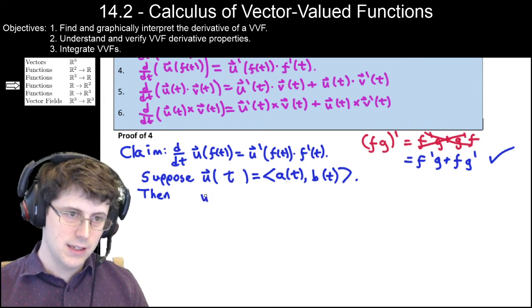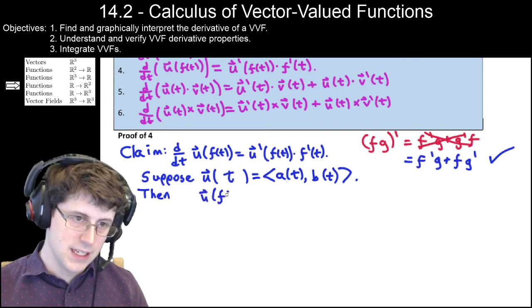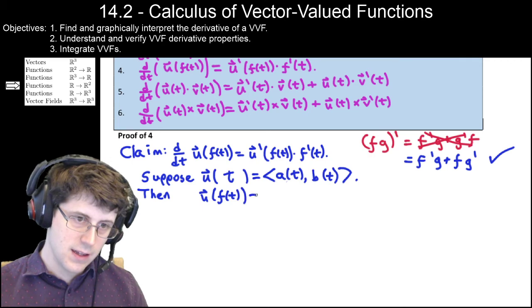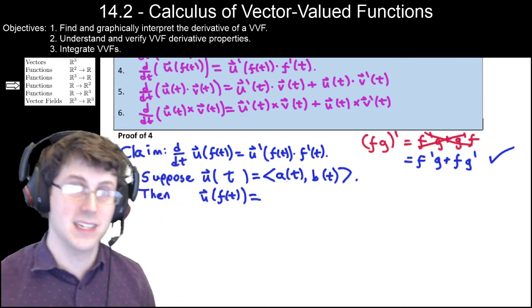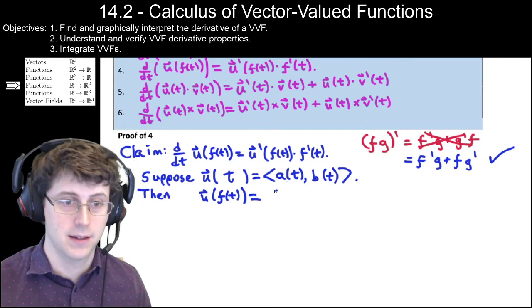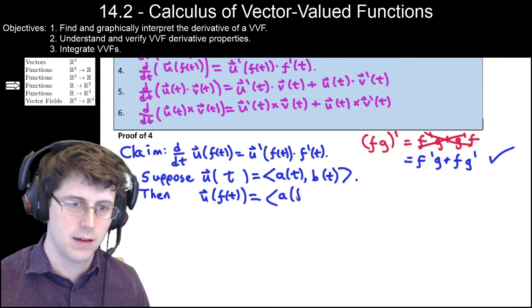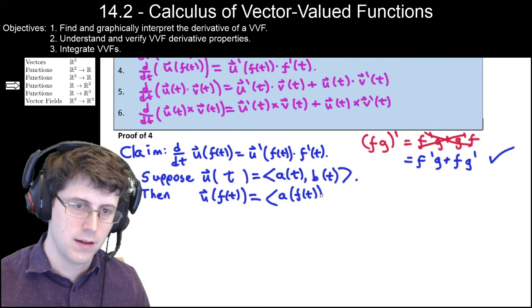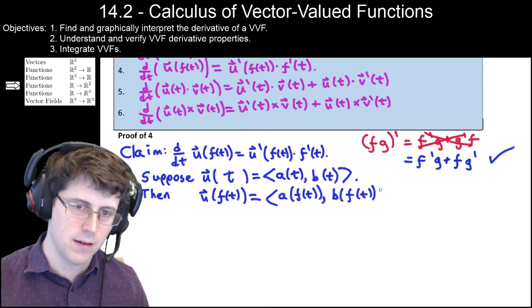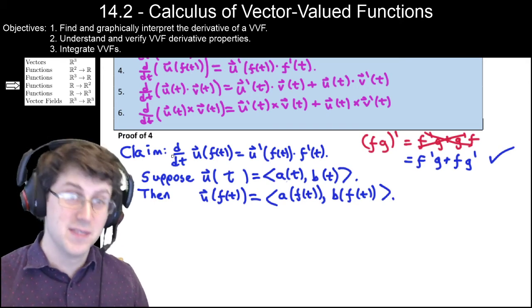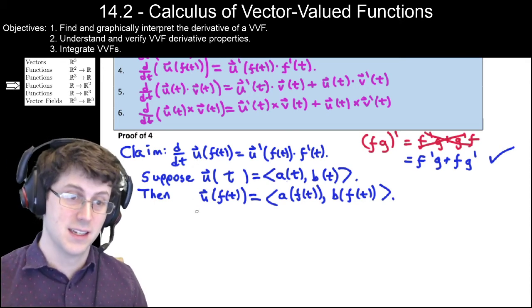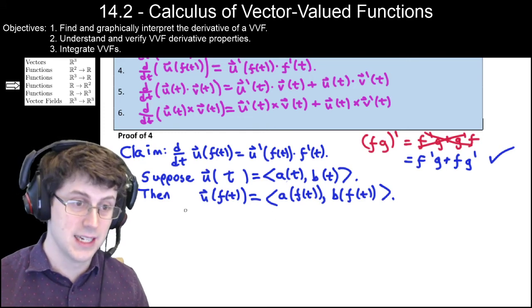Then what is u of f of t? Well, u of f of t is we plug f of t in for all the t's. And then we're trying to show something about the derivative of u of f of t, so we'll just take the derivative of both sides.